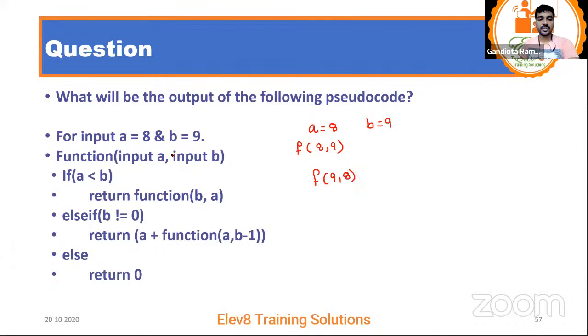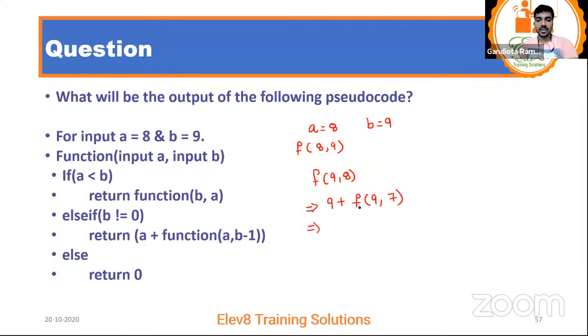When it calls function of 9 comma 8, the condition is false, so we come to here. B is not equal to 0. What is the B here? 8. 8 is not equal to 0, right? Then it is going to perform A. What is the A value? 9. 9 plus function of A comma B minus 1, which means function of 9 comma 7.